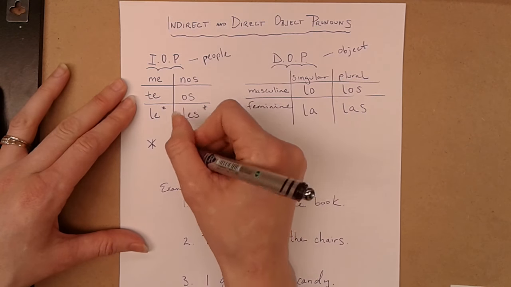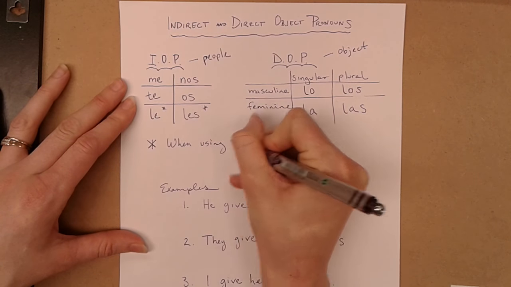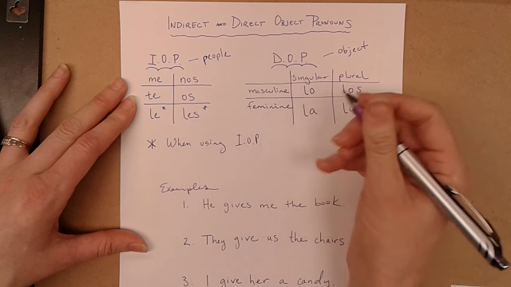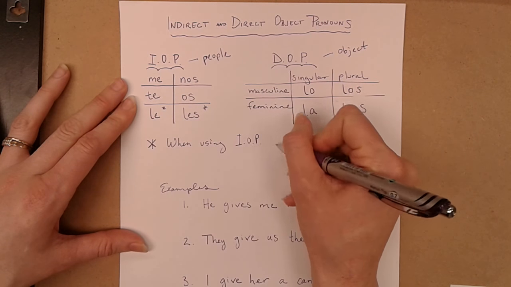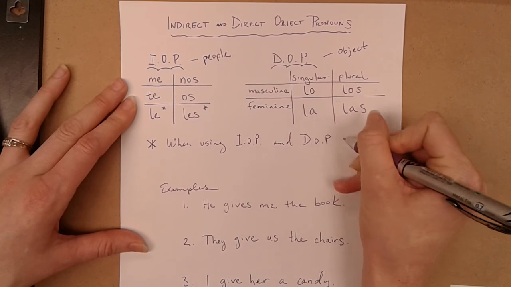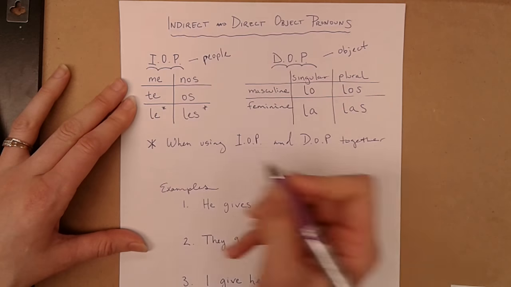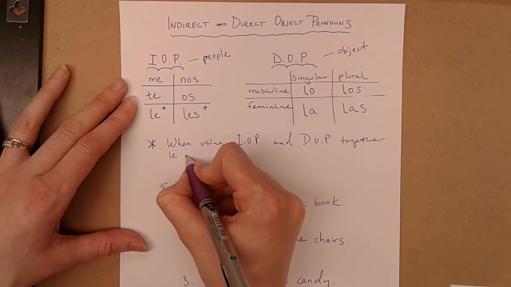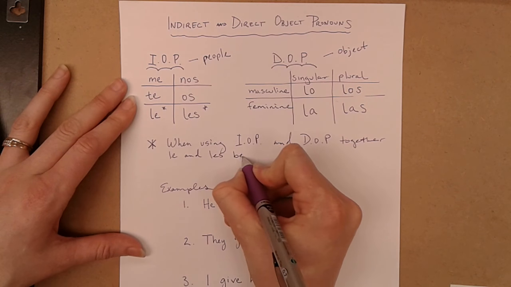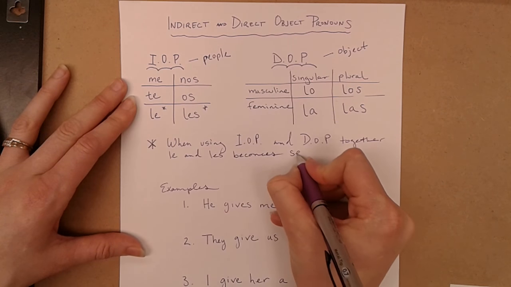All right, so when using IOPs and DOPs together, le and les becomes se.